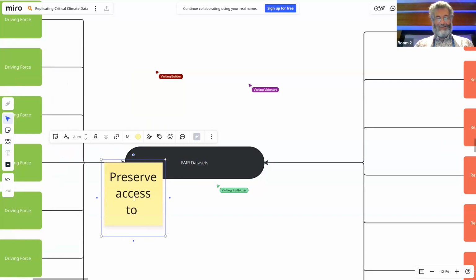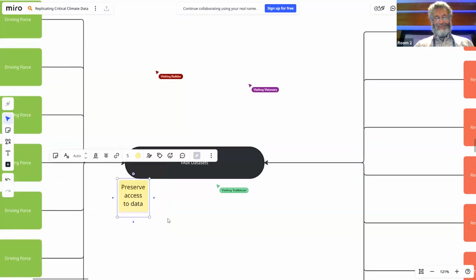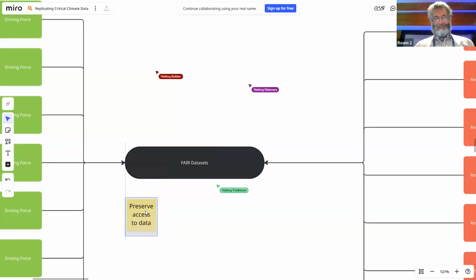We want to know how much it's going to rain. People don't necessarily care that the rain is being reported in a 64-bit float and that we have 7 sig figs to it. But I think preserving access to data is still an underlying thing. It's really access to information.